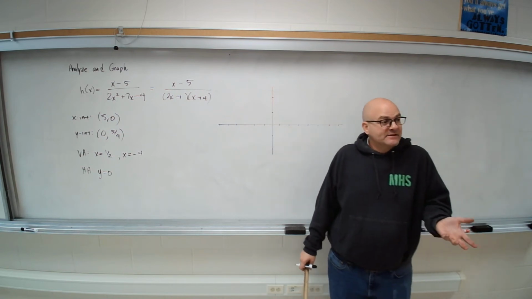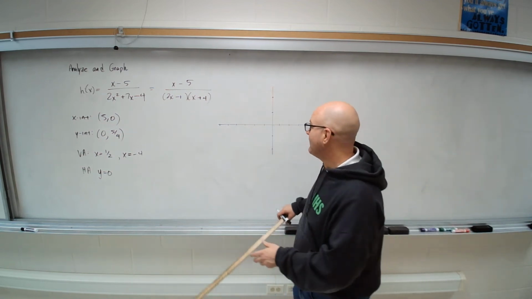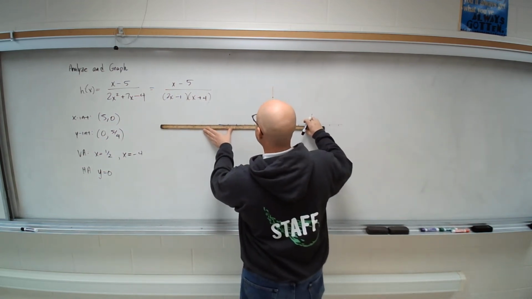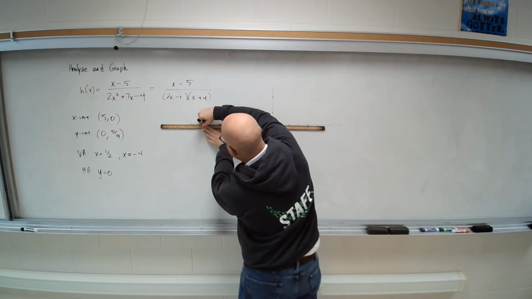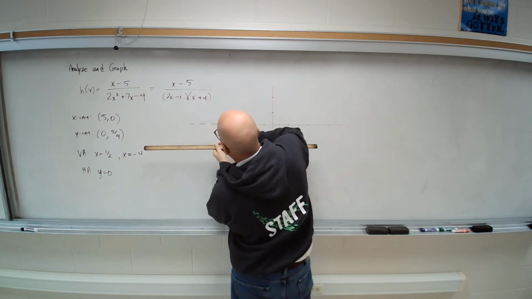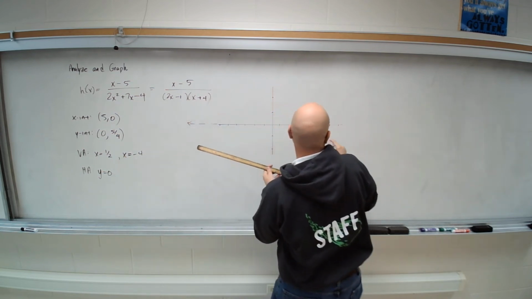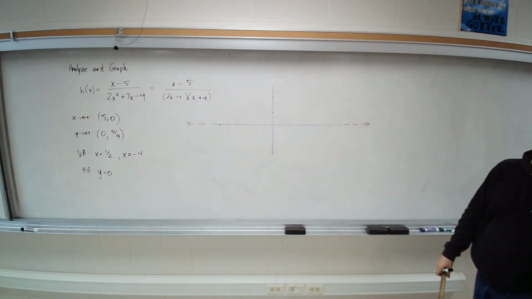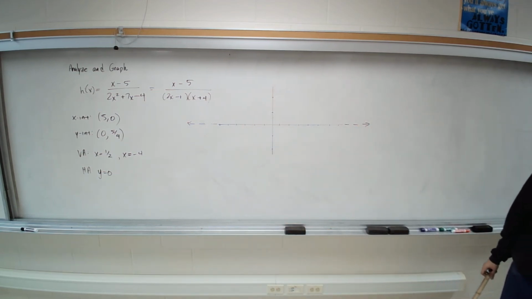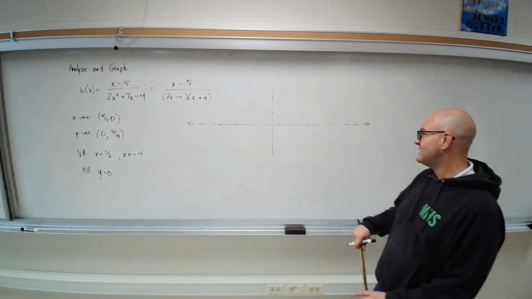A lot of times this happens because that's one of our big end behavior asymptotes. So what I'll usually do is just extend the axis with a dashed line and give it a little arrowhead, just to remind myself that there is a horizontal asymptote there. It's just sharing the same space.